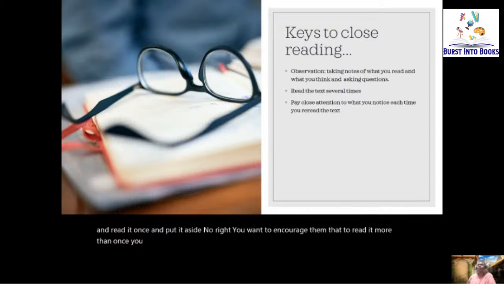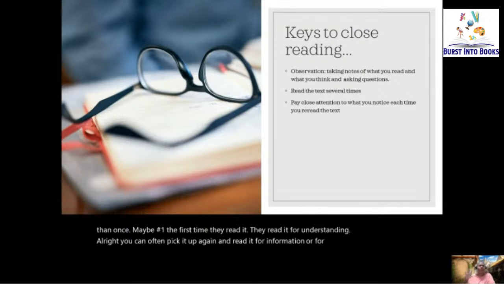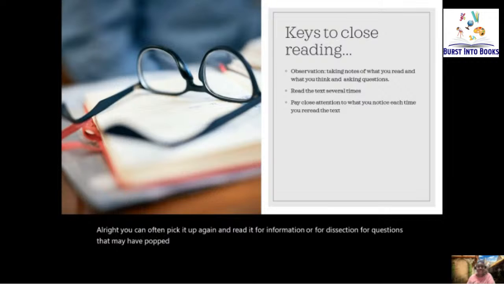Maybe number one, the first time they read it for understanding, right? You can have them pick it up again and read it for information or for dissection, for questions that may have popped into their head while they were reading. But they should always read a text more than once.